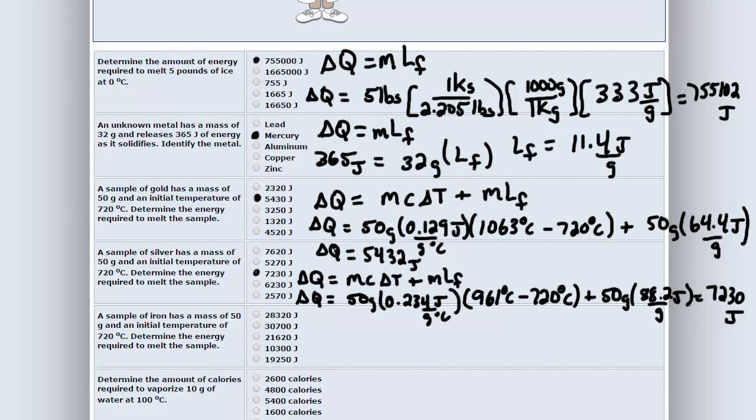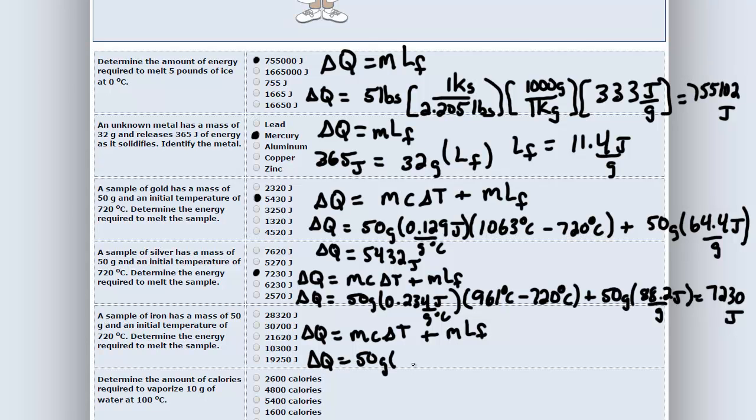7230 joules. A sample of iron has a mass of 50 grams and an initial temperature of 720 degrees Celsius. Determine the energy required to melt the sample. This is the same problem, just a different substance. So we have delta Q equals mc delta T plus mL sub F. And so delta Q is our 50 grams.